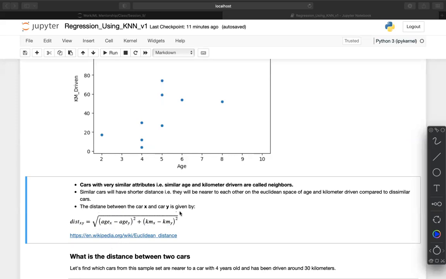This is from the perspective of two variables or attributes, but this can of course be extended to n number of variables or attributes.